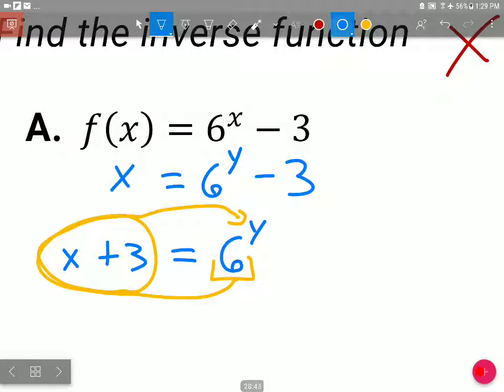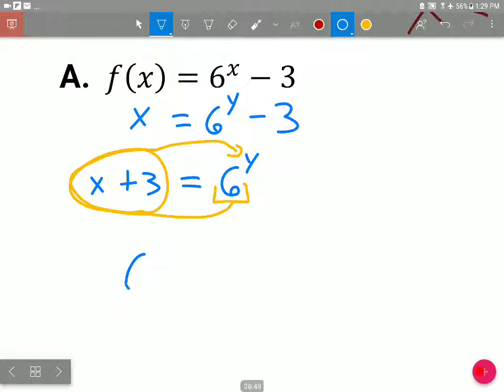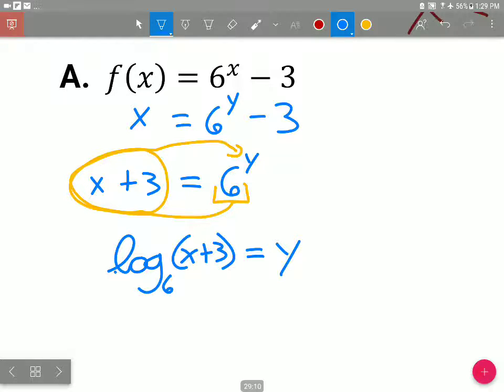So it would be log base 6 of x plus 3 equals y. Okay? Sometimes the hardest part for students is to realize, oh, I can take all of that as my argument, or all of that as my exponent. All right? So base, argument, back to the exponent.